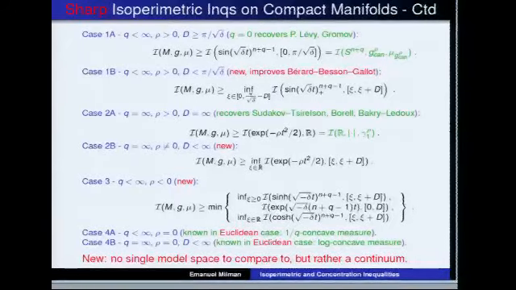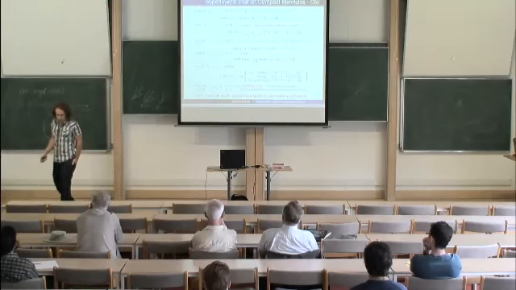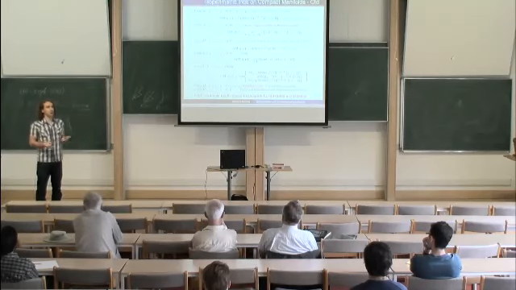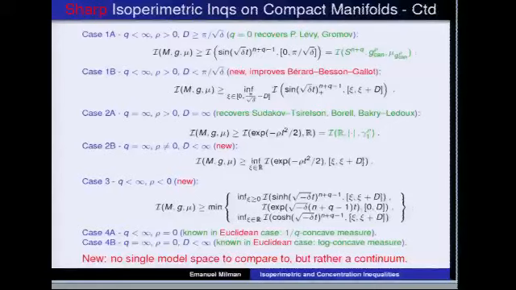In all the other cases, there's no degeneration. You still have to take an infimum over a one-parameter family of parameters. So all the other cases are actually new, and maybe the reason they were not discovered is that there's no single model space to compare to.